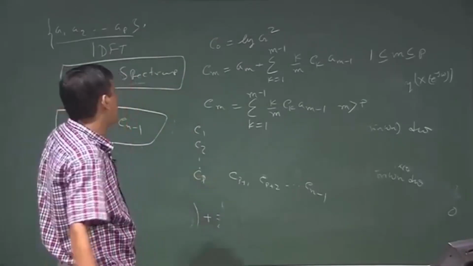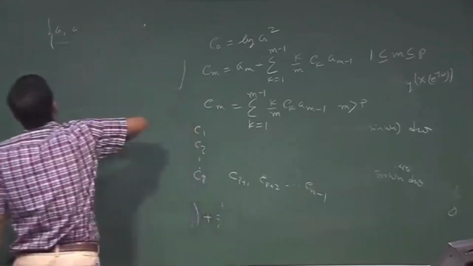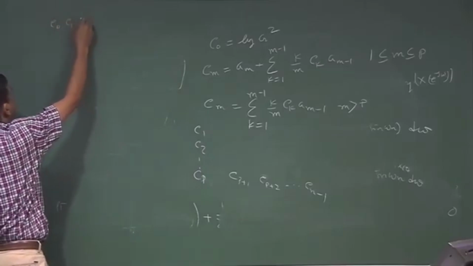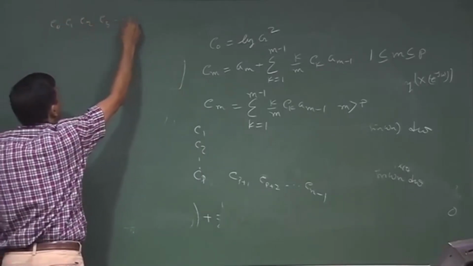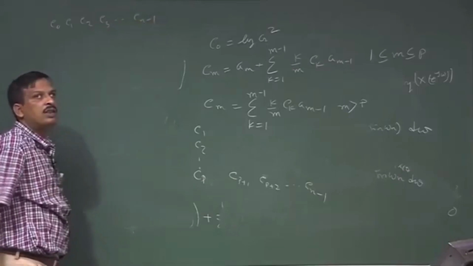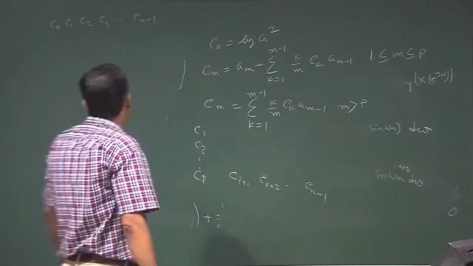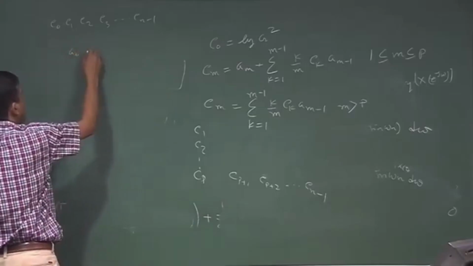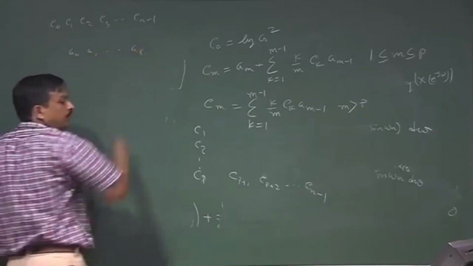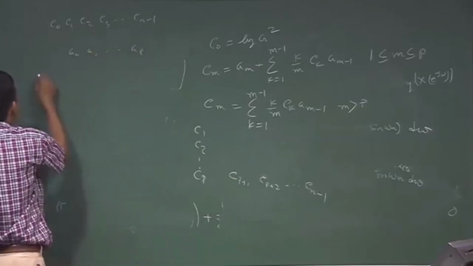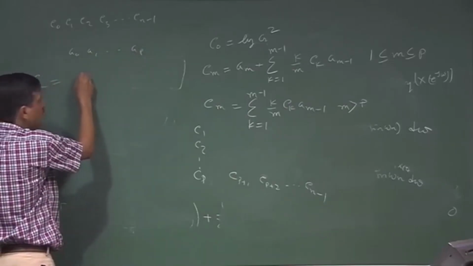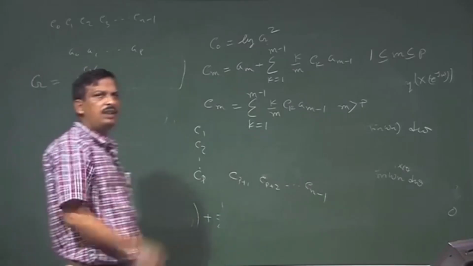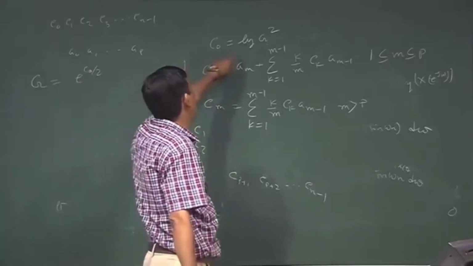Similarly, the reverse is also possible. If I know the Cepstral coefficients C0, C1, C2, C3, dot dot dot, Cn minus 1, then I can calculate the p order LPC coefficients, A0, A1, dot dot, AP. How do I do that? In that case, gain is nothing but e to the power C0 by 2. This is inverse, since C0 is equal to log G square.